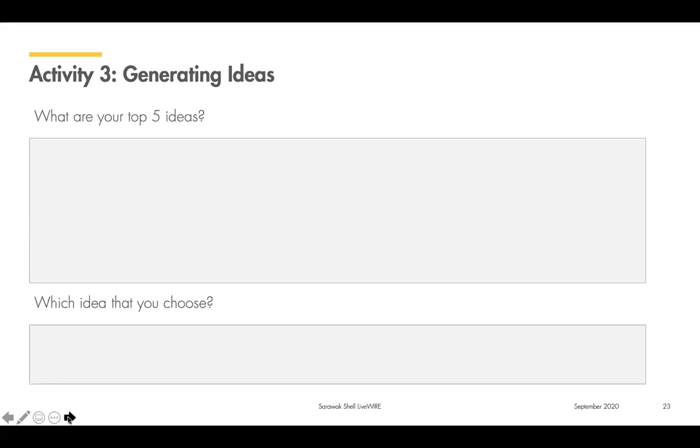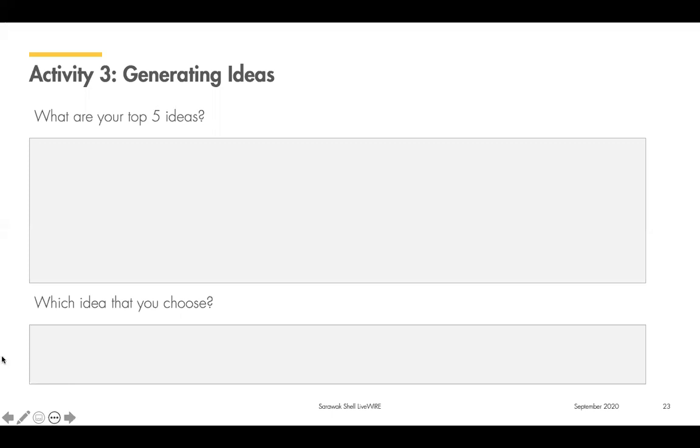Okay, so here are the activities that I will need all of you to complete later in the Google form. Once you've generated your ideas, maybe 50 ideas or 30 ideas or 100 ideas even, which are the top 5 ideas? This is related to voting or clustering, the 5 ideas.